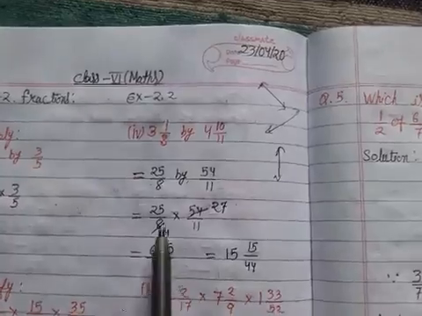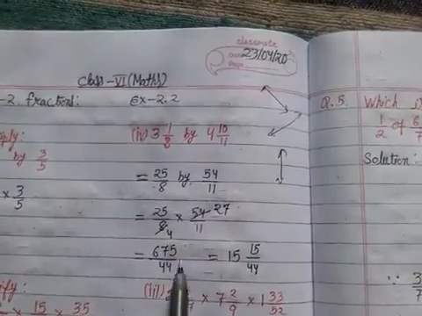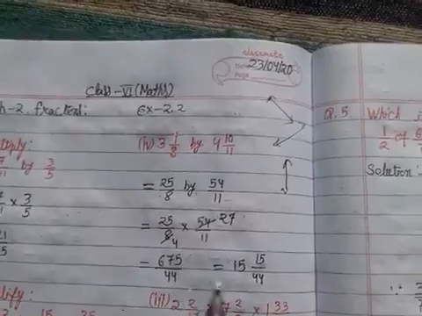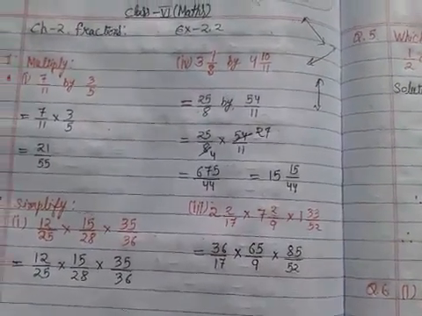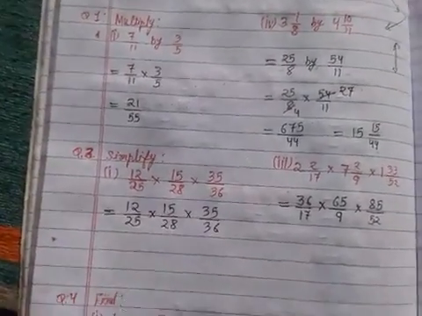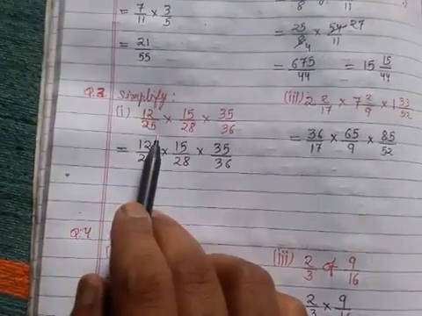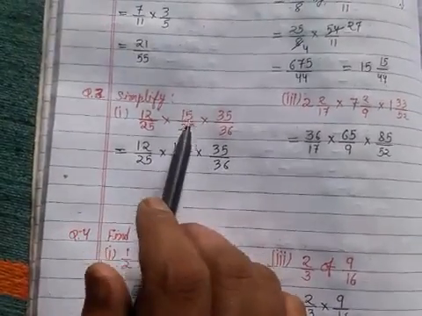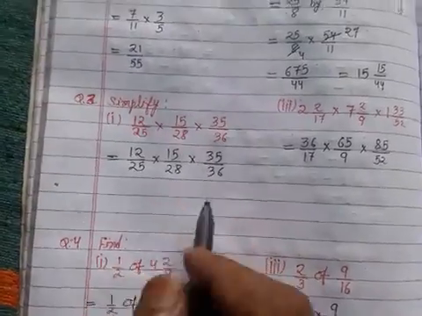Now when 25 is multiplied with 27 it comes 675 by 4 11s are 44, so we convert it again into mixed fraction, okay. Now question number 2 is simple, so I do question 3, okay. Question 3 is simplify 12 by 25 into 15 by 28 into 35 by 36, okay.